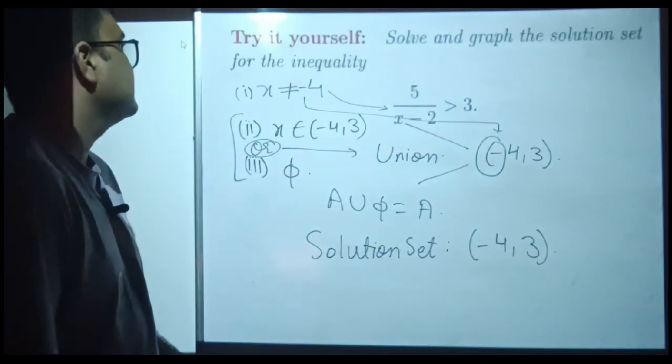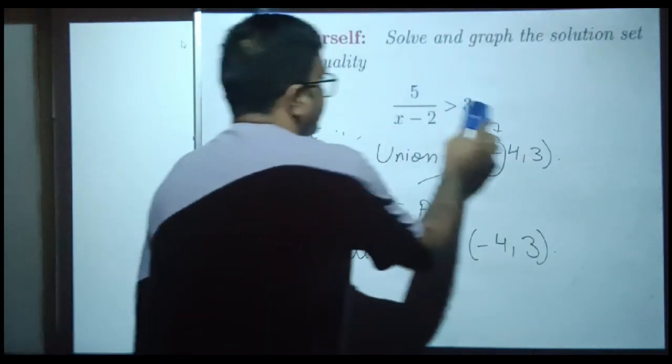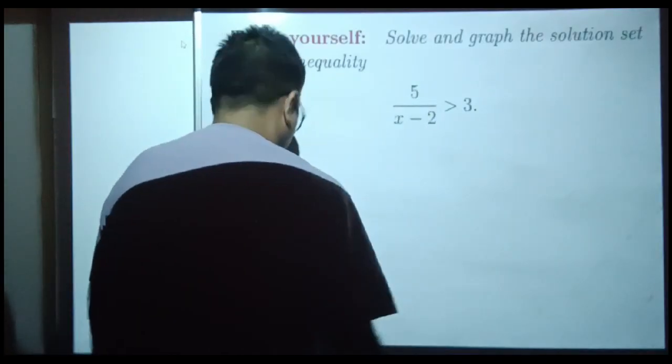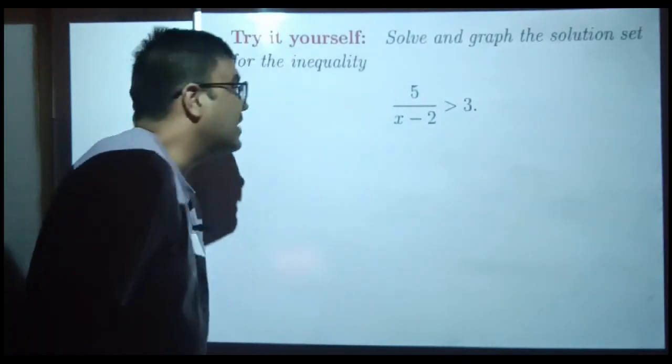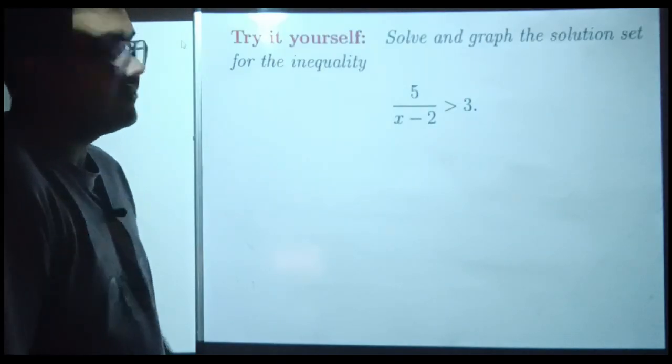Let's consider another example. This inequality is given now. It is 5 over x minus 2 is greater than 3.